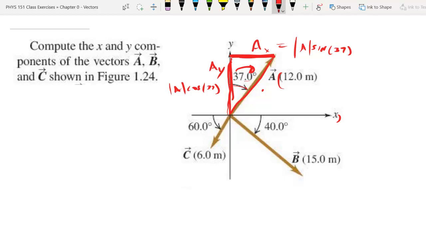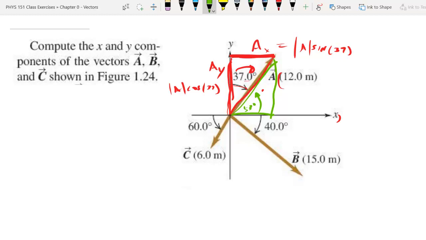Or we could use a different triangle, and this might be more comfortable to many of you because I put it in standard position here. If I make a triangle like this, then my angle here would be 90 minus 37, so we have 53 degrees, and this would be in standard position.